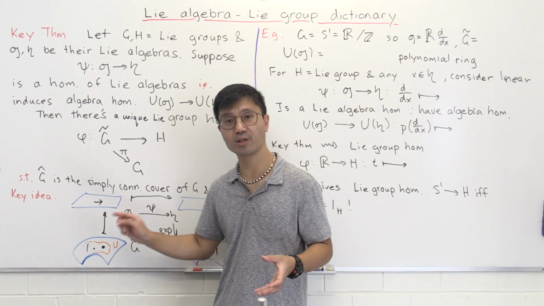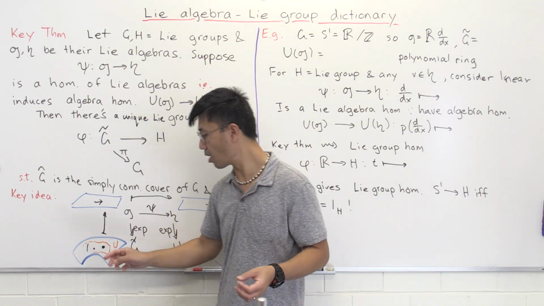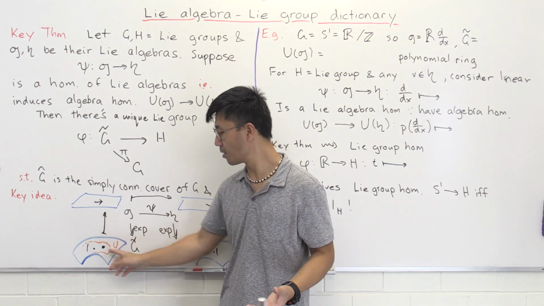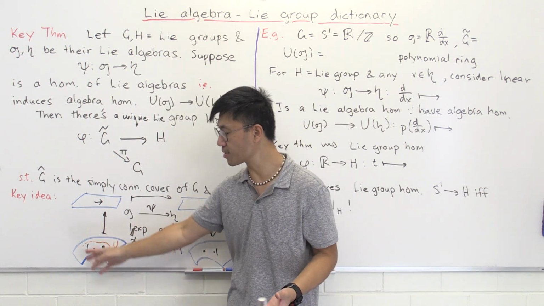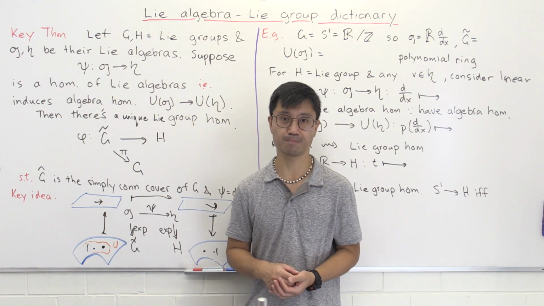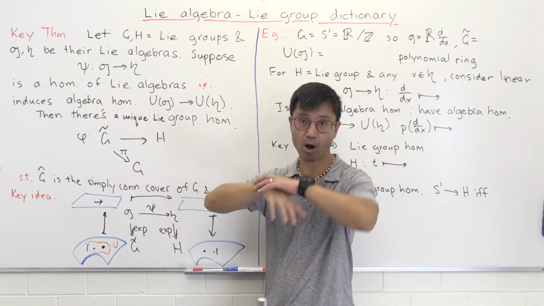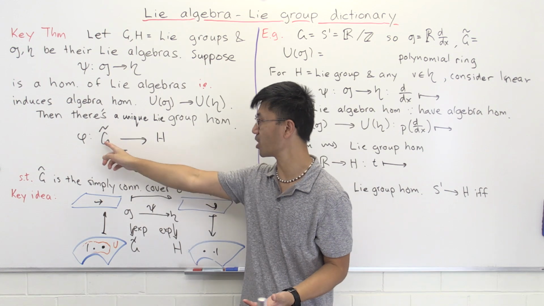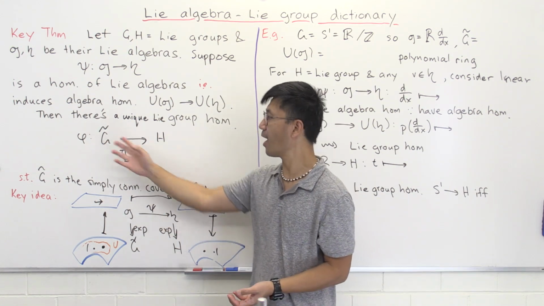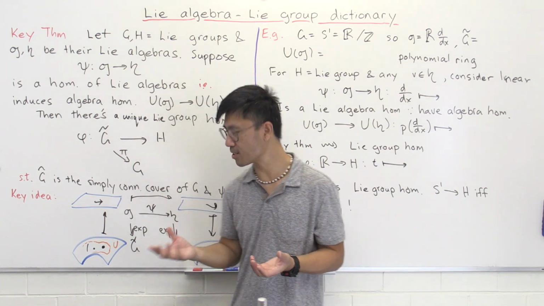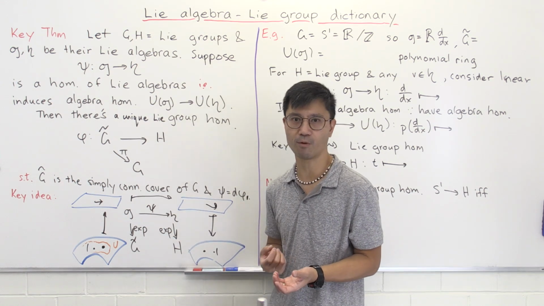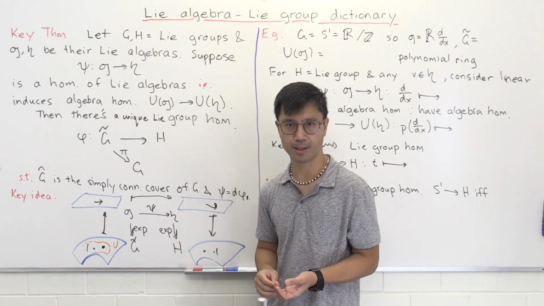So since G tilde is connected, the union of all these products of U's with their inverses will give you the whole of G tilde. That tells you the unique way of defining this map from G tilde to H. The big thing, though, is you have to check that this is actually a well-defined group homomorphism. That's a rather complicated thing.